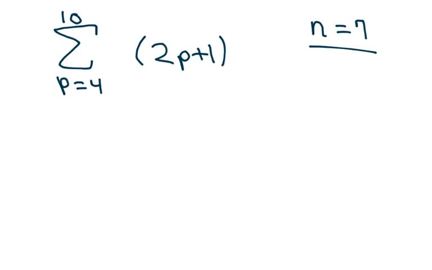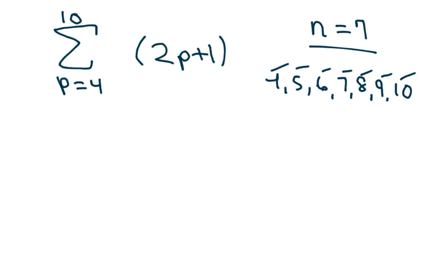Because when you're starting with p of 4, you have a sub 4, a sub 5, or more simply, just write out the numbers. We have 4, 5, 6, 7, 8, 9, 10. That's 1, 2, 3, 4, 5, 6, 7 numbers. So you subtract the 4, you get 6, and then you add the 1. That gives you the 7.